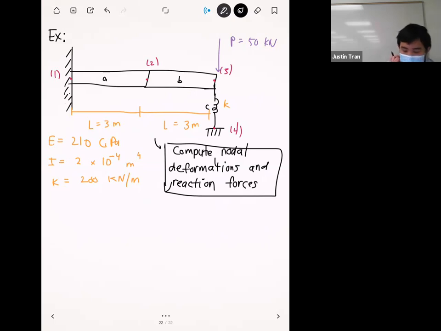First thing we're going to do, just like the first thing we always do, is we're going to set up the element stiffness matrices for all the elements. And so let's go ahead and set those up.